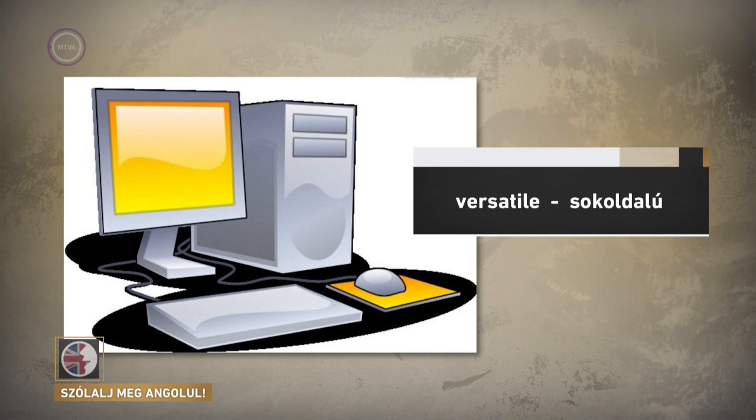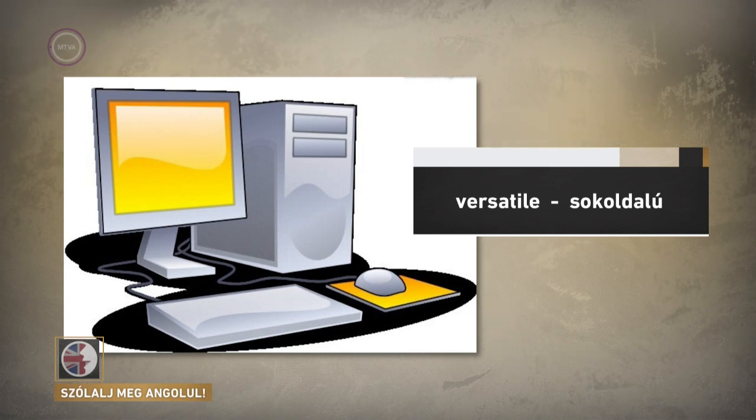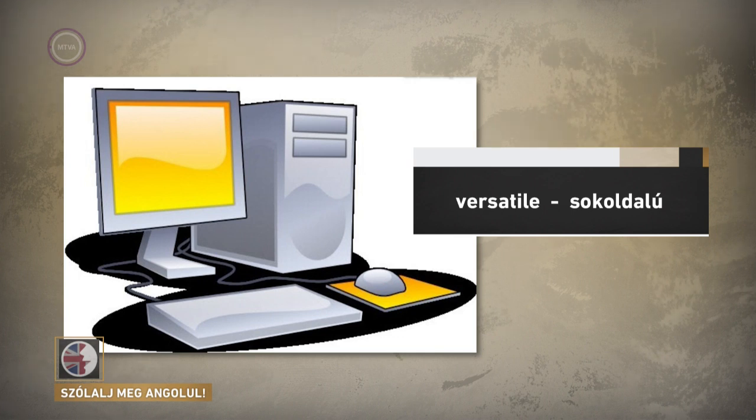We can use them as typewriters, we can create documents with them, for example, but we can also use computers to send and receive email messages, to make phone calls via the internet, to find information on the internet, to play computer games, to experience virtual reality, to watch films, to make films. There are loads and loads of things that we can do with computers. They are very versatile machines.